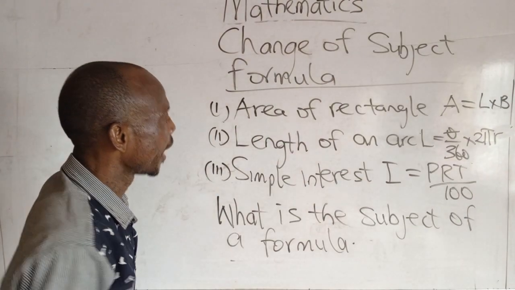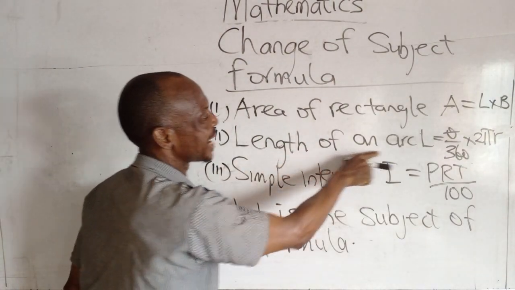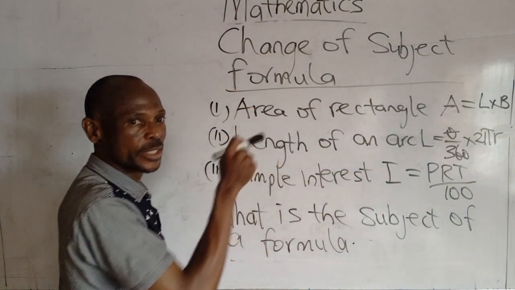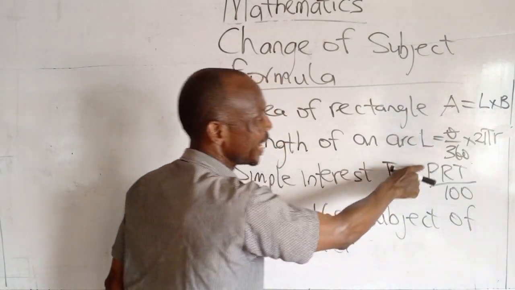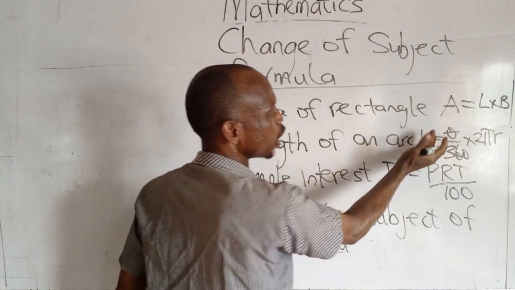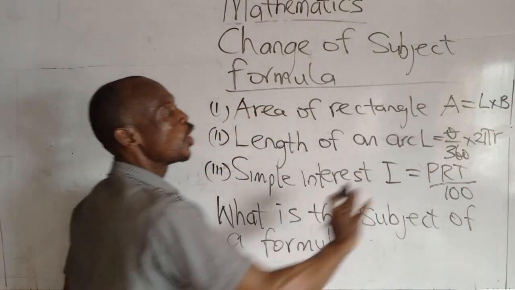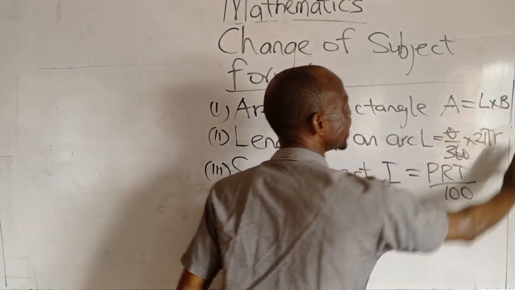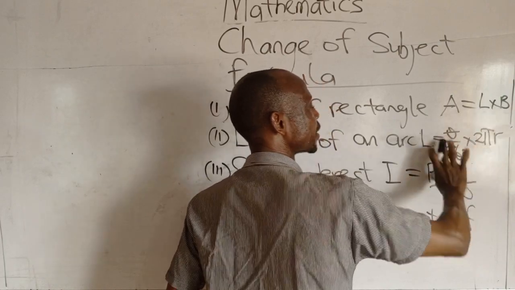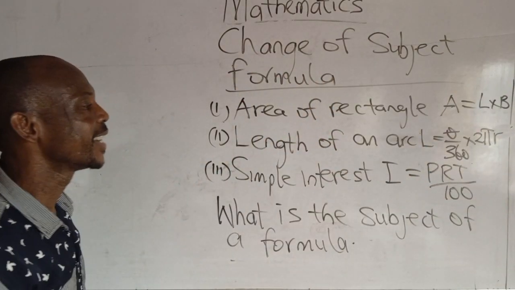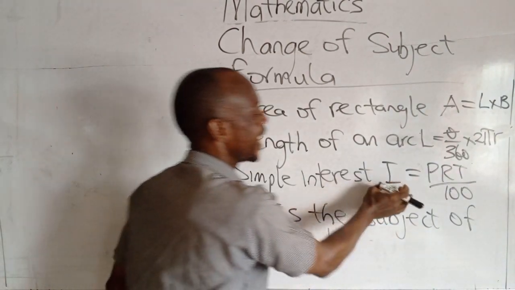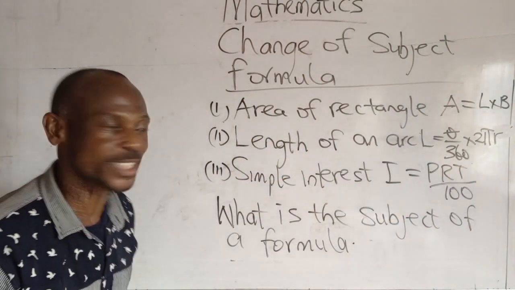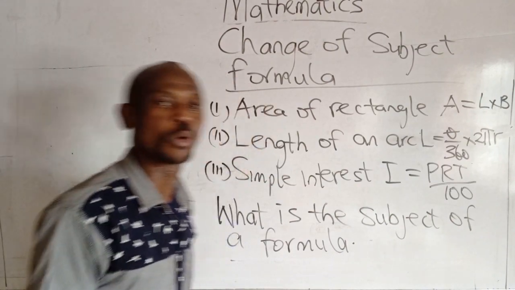In our formula length of an arc here, the subject of the formula is L. L is standing alone on one side of the equation, while every other letter, symbol, and numbers, they stand on the other side. And in our formula for simple interest, I is the subject of the formula.